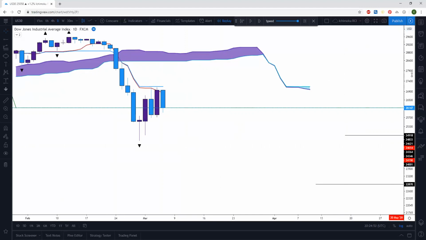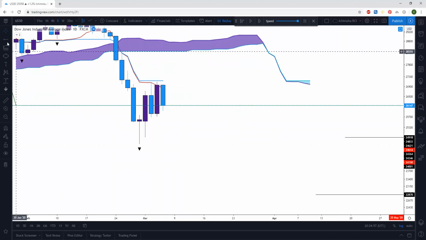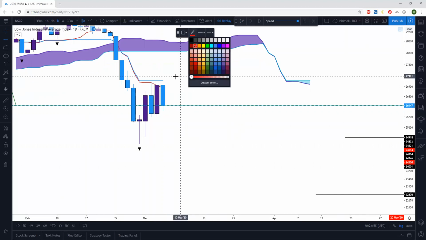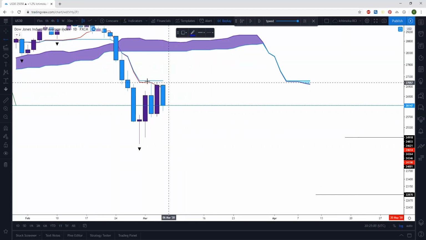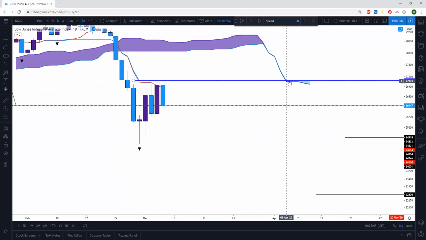Anyway, let me go ahead and do this. We already see that we have a flat Kijun here. We already identified that. The market's moving down, as you see here, but we're flat right here, which shows us that we've been ranging.